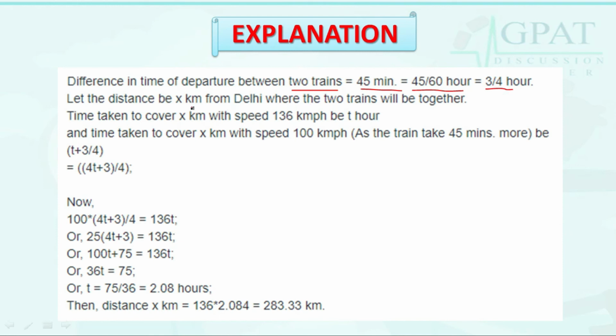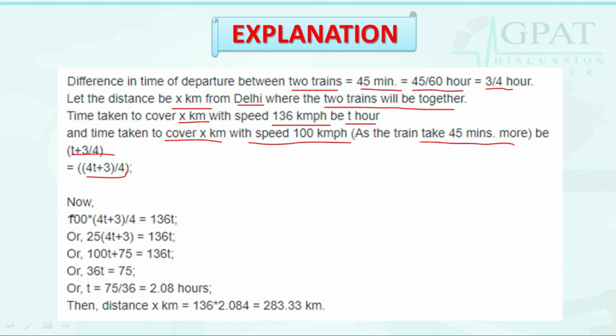So let the distance be x kilometers from Delhi where the trains will be together. The time taken to cover x kilometers with the speed 136 kilometers per hour is t, and the time taken to cover x kilometers with speed 100 kilometers per hour, as that train takes 45 minutes more, is t plus 3 by 4.